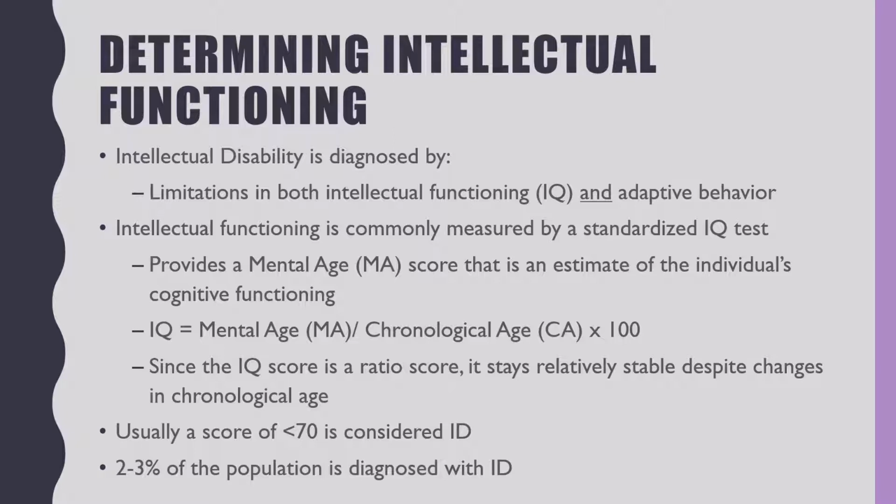The testing gives a mental age score, which is then divided by chronological age, or CA, and then multiplied by 100. Since the IQ score is a ratio score, it stays relatively stable despite changes in chronological age. So a score of 70 and below is considered to have ID. 2 to 3% of the population is diagnosed with ID.